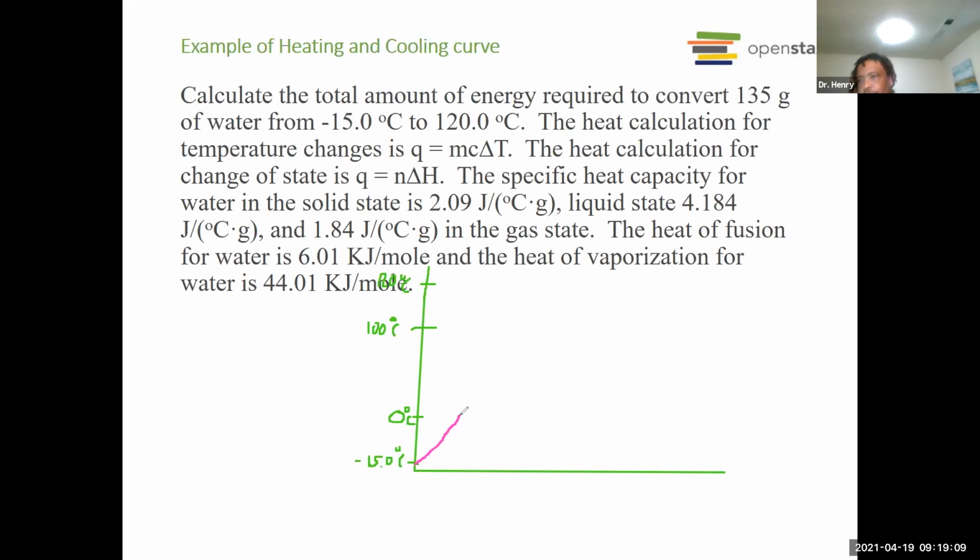I go up to 0 degrees. I know that that's a transitional point. Then I go up from 0 to 100. That's another transitional point. Then I go up to 120. Okay. So I know that this is going to be Q equals N, and I don't know what to use for delta. I'll draw it in here. H.